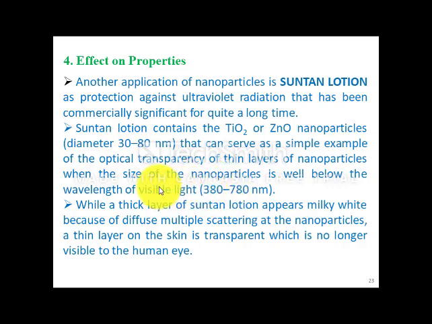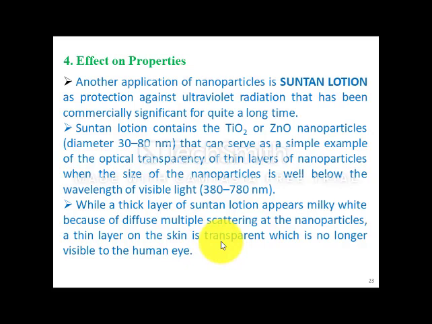So it can stop the incoming radiation at this wavelength, and the ultraviolet radiation can also be stopped by this size of nanoparticles. So how do we use the sunscreen lotion? While a thick layer of sunscreen lotion appears milky white because of diffuse multiple scattering at the nanoparticles, a thin layer on the skin is transparent and no longer visible to the human eye.